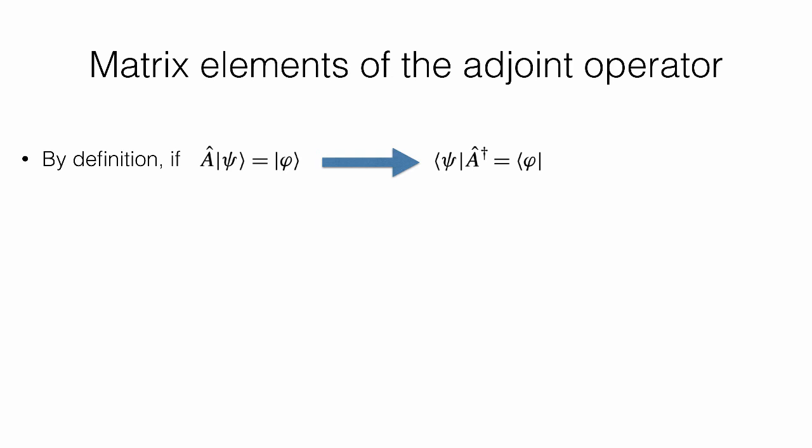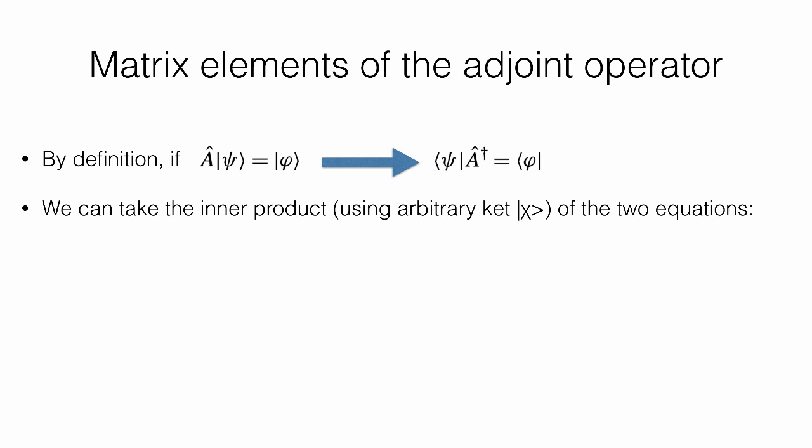Okay, by definition, the adjoint operator is obtained by the formula. If A allows you to go from psi to phi, then A dagger will allow you to go from phi to psi, but in the bra version. Okay, that's the definition of an adjoint operator.